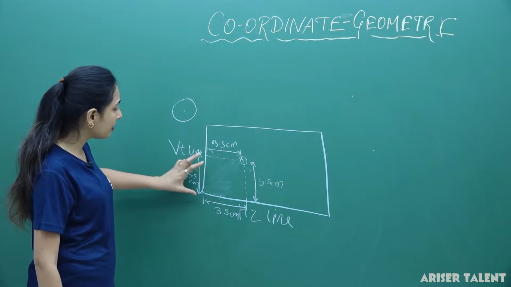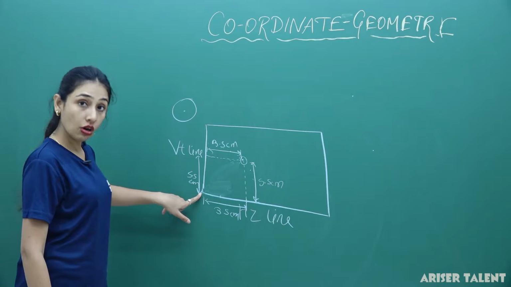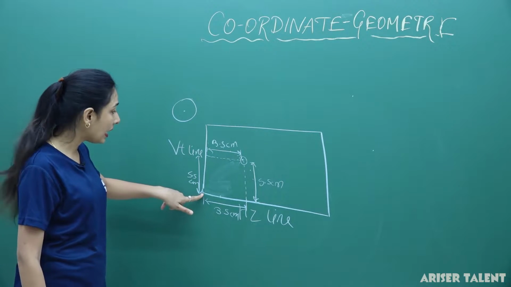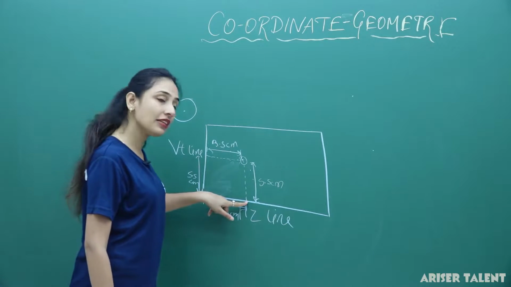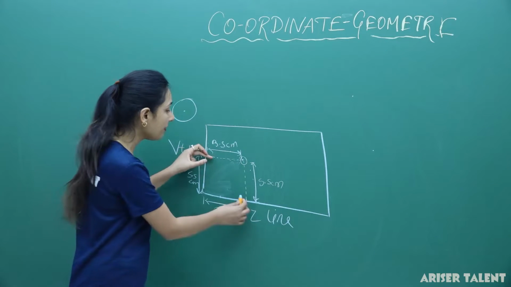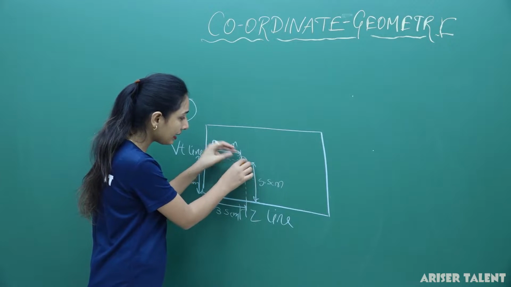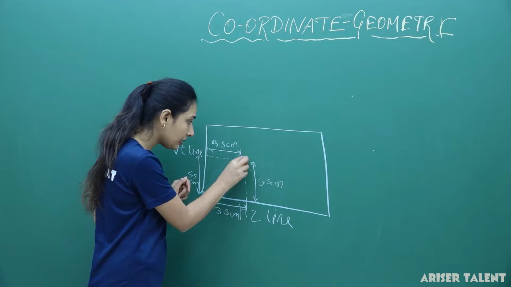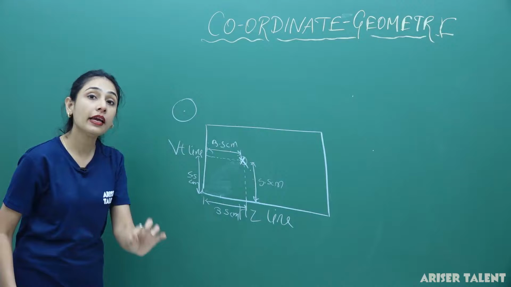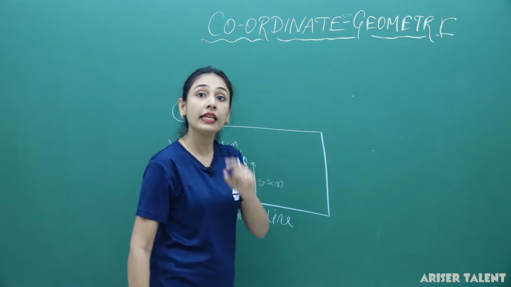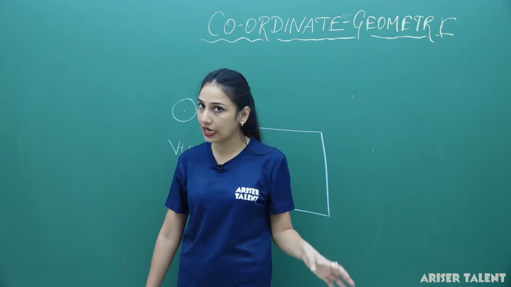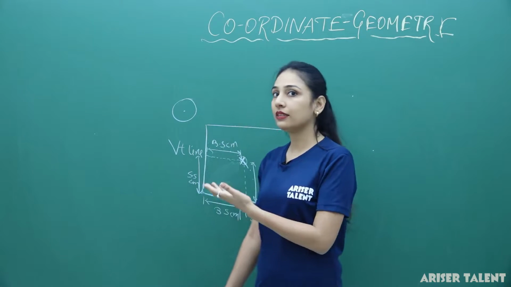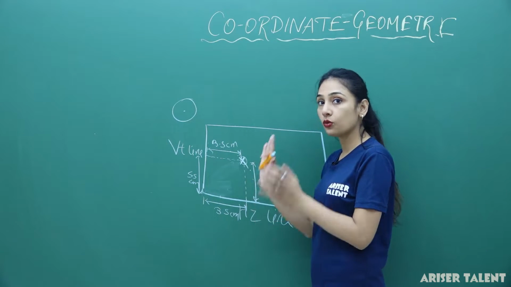So if I pick this corner of my green board and go 5.5 centimeter this side and 3.5 centimeter this side, and draw a perpendicular, the meeting point of these two will give me the exact point on the board that I was looking for, you were looking for, and everyone else was looking for. This point is so popular.